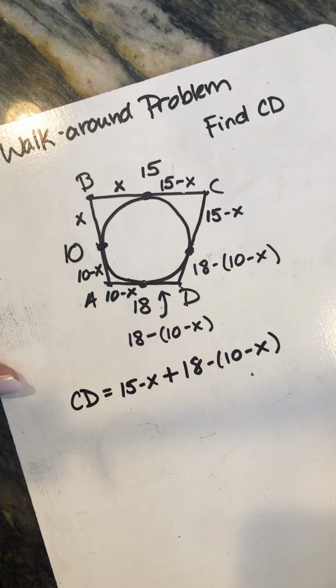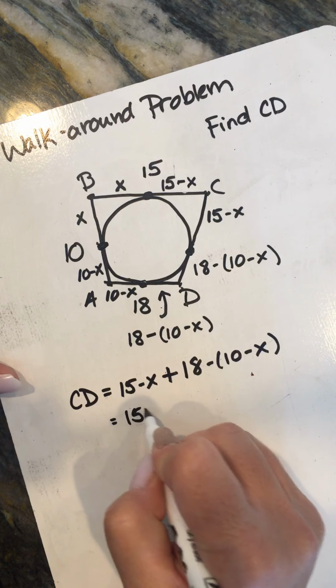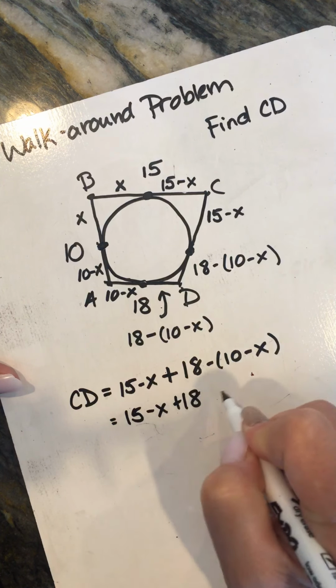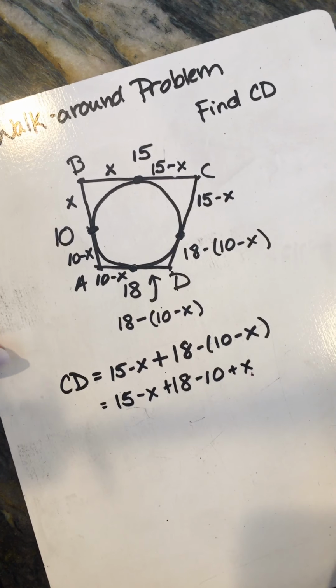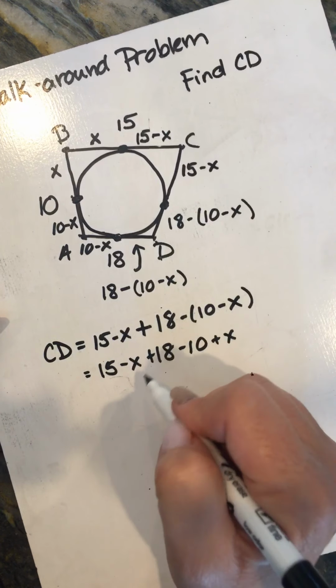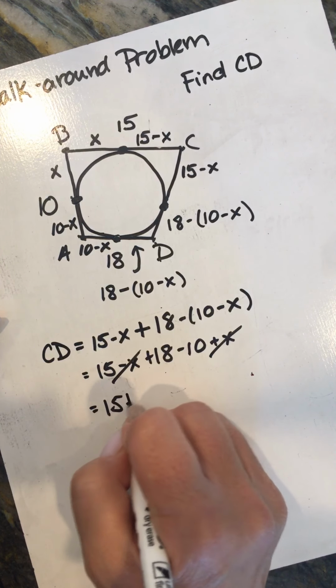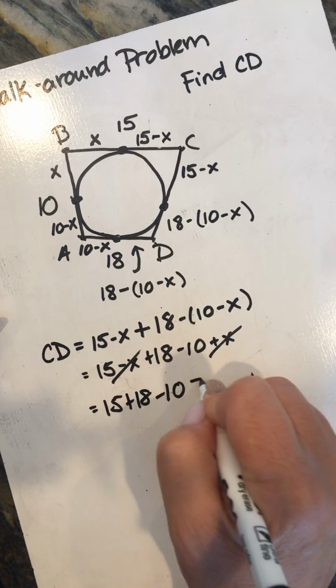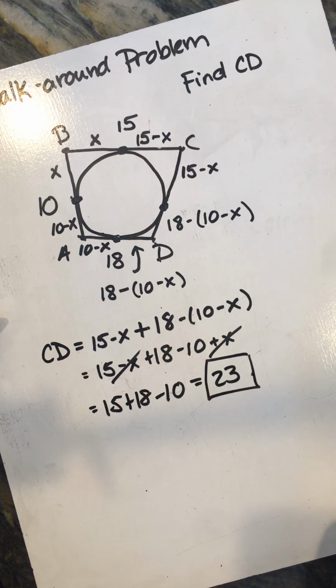Okay, let's do our algebra now. Geometry part is done. So 15 minus x plus 18, distribute the negative sign. And look what happens to our x's. It's a knockout. Boom, boom. So I've got 15 plus 18 minus 10, so 23 is CD.